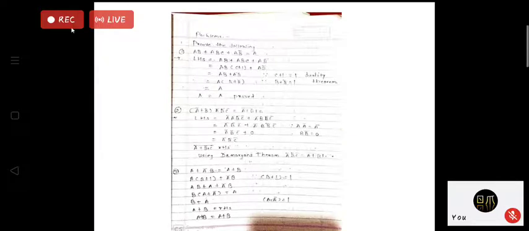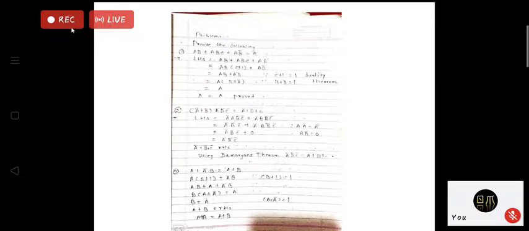I will not put solutions directly. What I will do is we'll discuss a couple of numericals and then I will post the unsolved problem into the chat box and let us see how many of you are able to give me the shortest form of the Boolean expression.